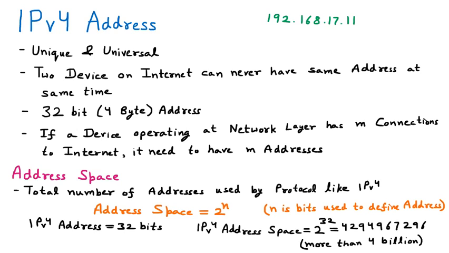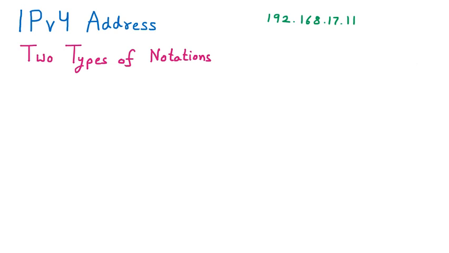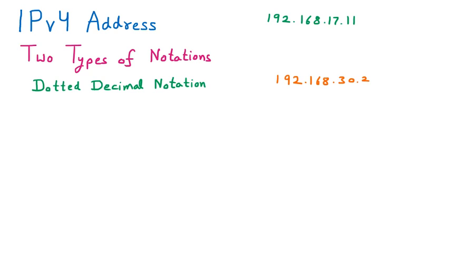Now we are discussing the notations. There are two types of notations used for IPv4 addresses. The first type is the dotted decimal notation. Here we have a simple IPv4 address, just like 192.168.30.21.